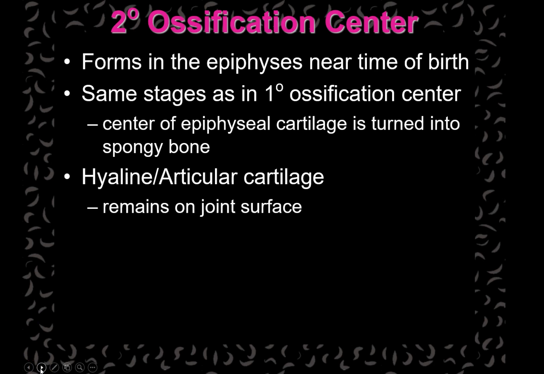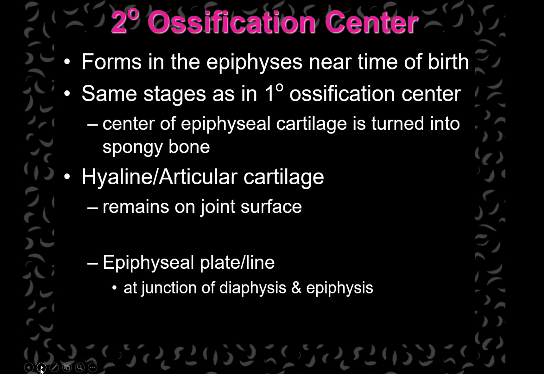So the hyaline articular cartilage remains on the joint surface. And what we're left with is the epiphyseal plate. Okay? It's that junction of the diaphysis and the epiphysis where we have that transition. It used to be cartilage. We're changing it to bone, and it's just following it. It's the wave of cartilage death being followed by changing it to bone.